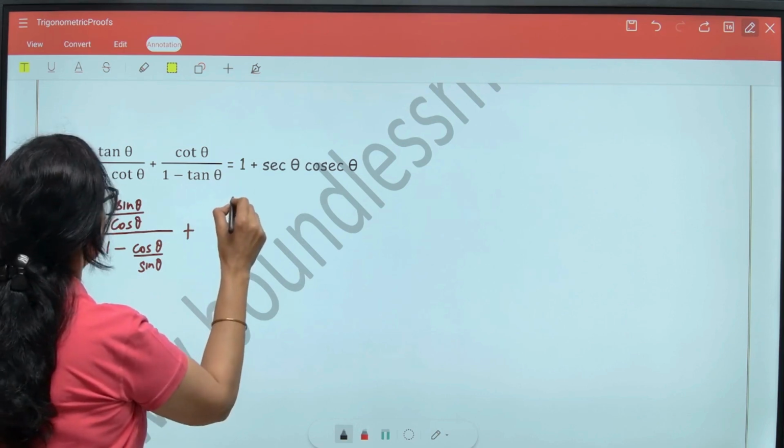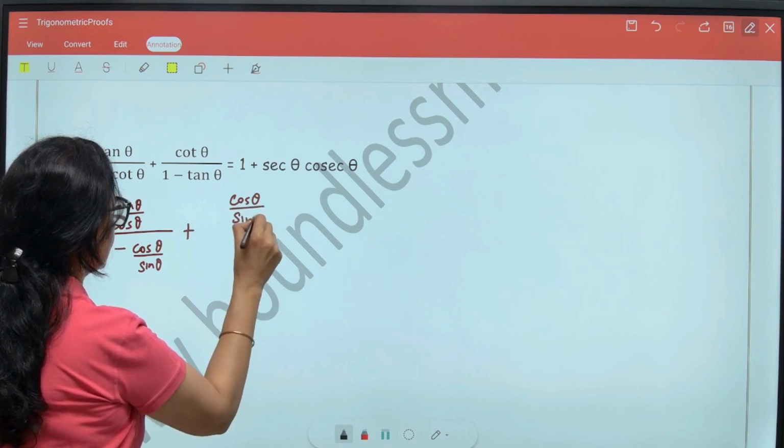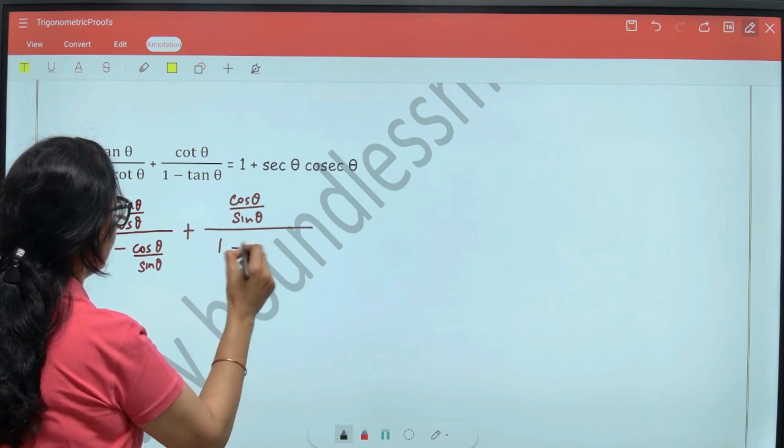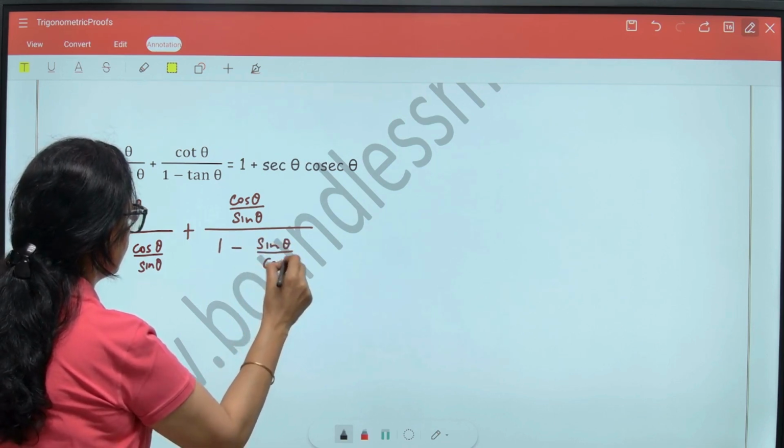Similarly for the next term also, cos theta by sin theta upon 1 minus tan is sin by cos theta, right?